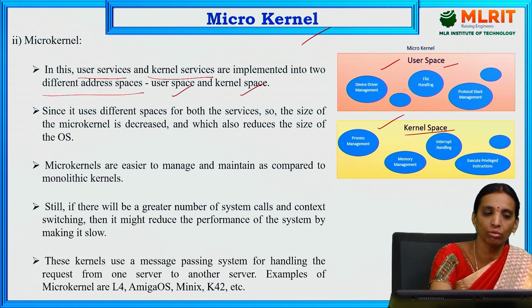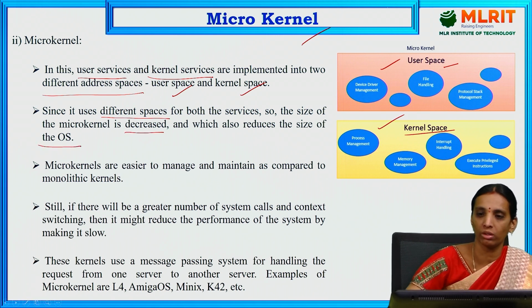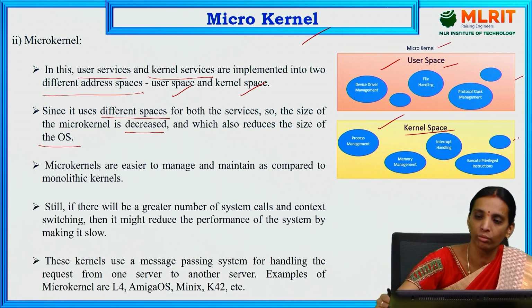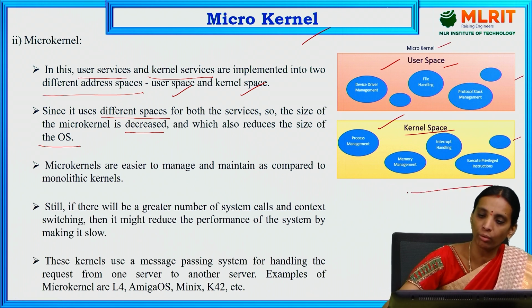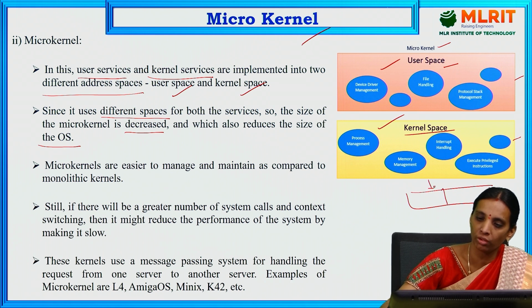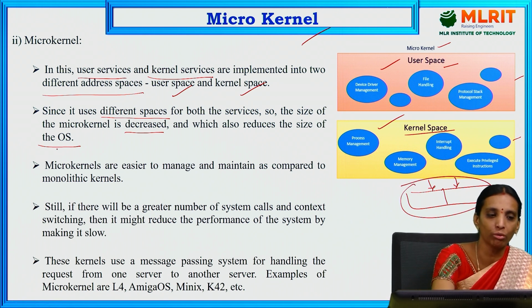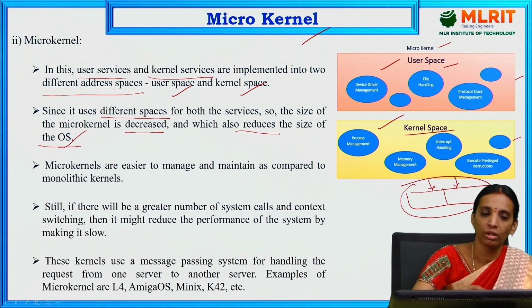As it uses different spaces, the size of the microkernel is decreased, which reduces the size of the OS. Two separate spaces are provided, so we are not extending the space of the microkernel. Therefore, the size will be reduced, and the OS size is also reduced.